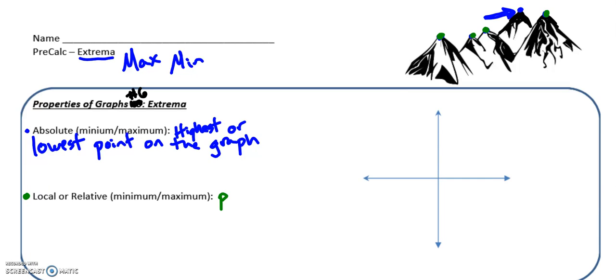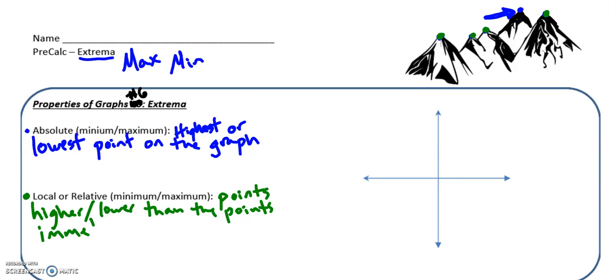So I'm going to define this as the points that are higher or lower than the points immediately on either side. So it's a maximum or a minimum, but just in that little area. Not overall, just in that little area.